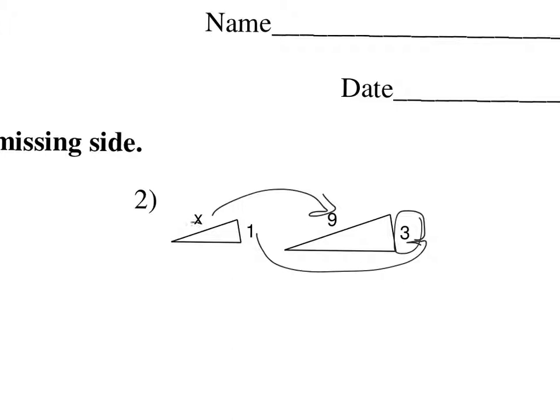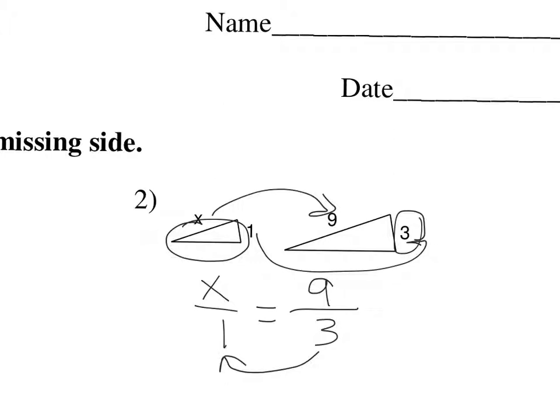So for the smaller image, I can say x over 1 is going to be equal to, and then for the bigger image, I'll put the 9 in the numerator, since x is in the numerator and they're corresponding sides, and then I'll put the 3 in the denominator because that's going to correspond with 1.